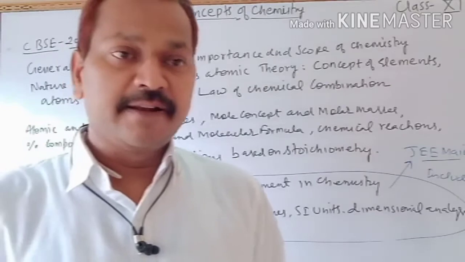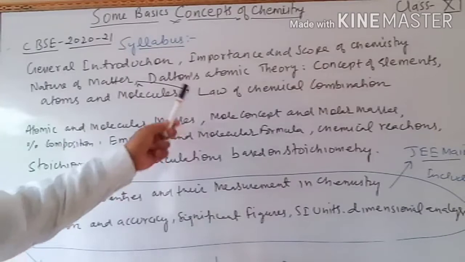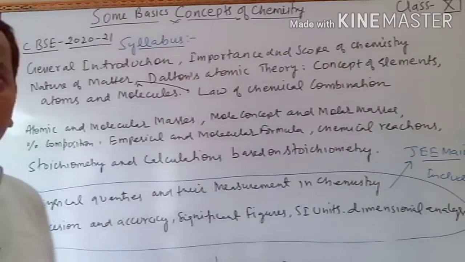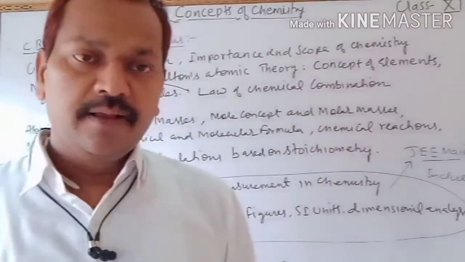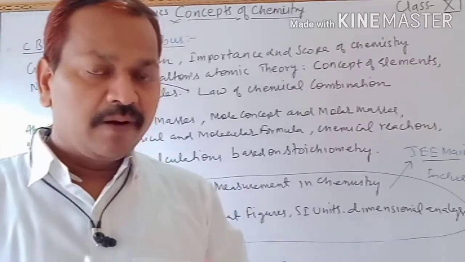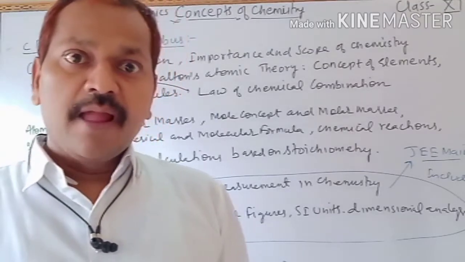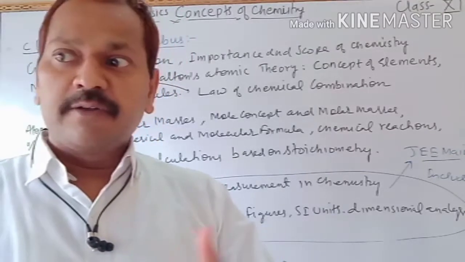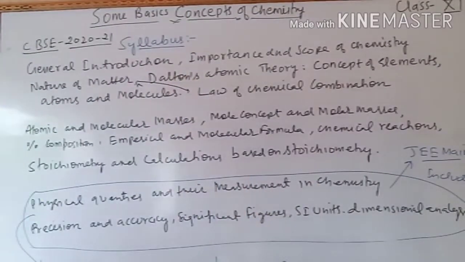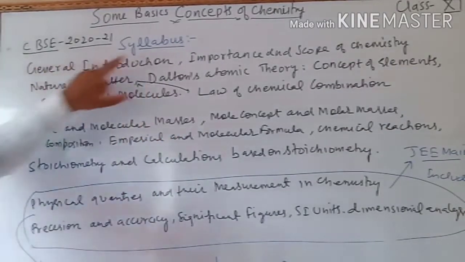Then Dalton's atomic theory and atomic masses, molecular masses, mole concept and molar mass and problems based on it, percentage composition, empirical formula and molecular formula. Stoichiometry and problems based on stoichiometric calculations. So this is the CBSE 2021 syllabus.